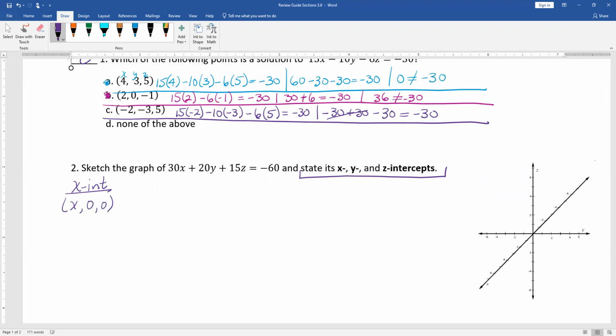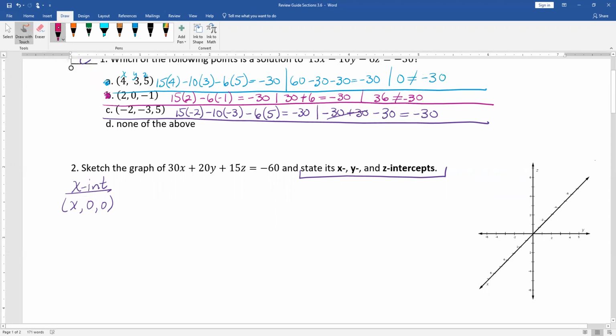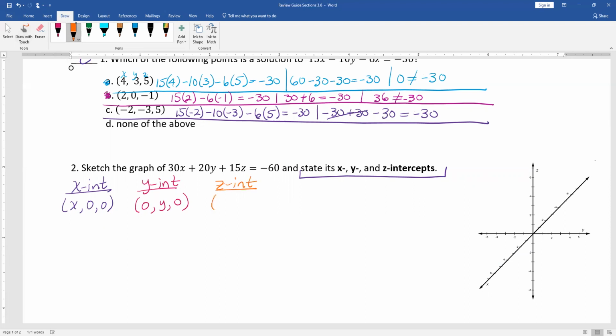They're always 0 when they intersect the x-axis. We have the same thing, but different for the y-intercept, where x is 0, y is some value, and z is 0. And lastly, the z-intercept, 0, 0, z. So you now have values for 2 of your 3 variables to plug in and solve for the intercept of each of these axes.